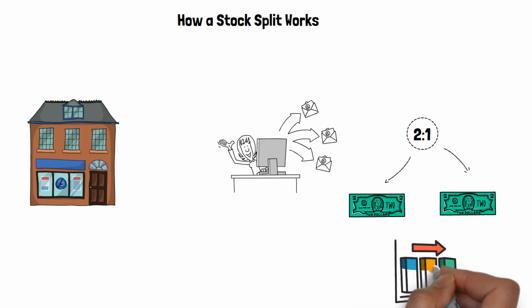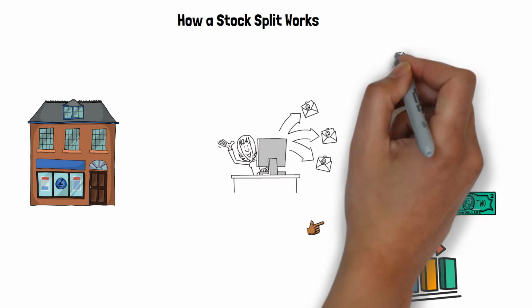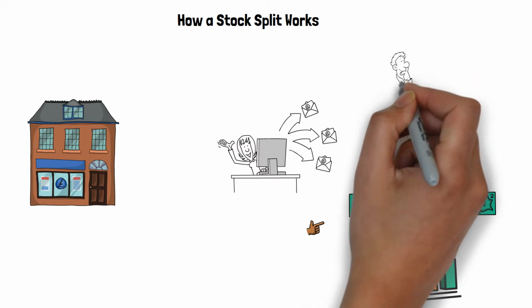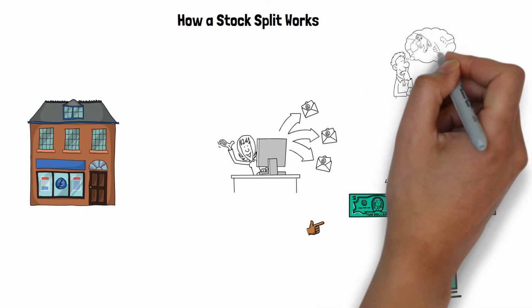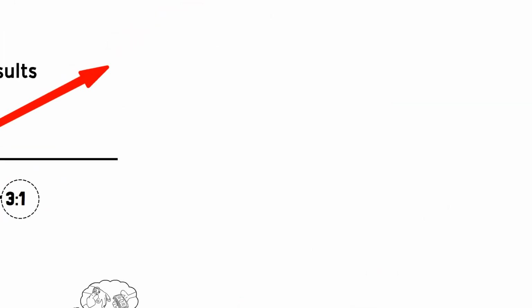The market cap remains the same, much like when a $100 bill's value doesn't change when it's exchanged for two $50s. So with a 2-for-1 stock split, each stockholder receives an additional share for each share held, but the value of each share is reduced by half.